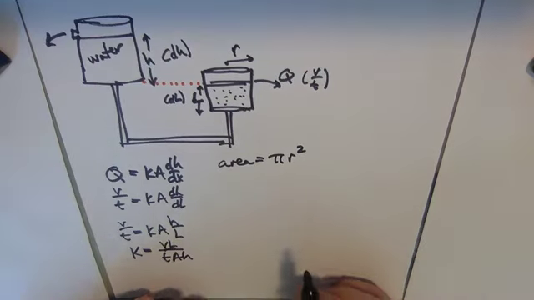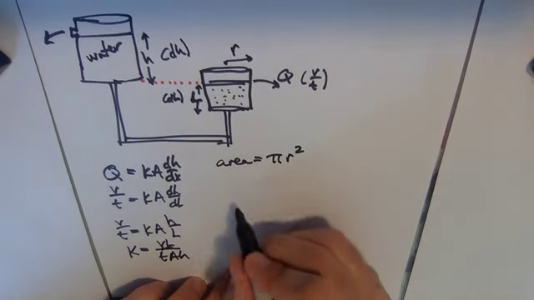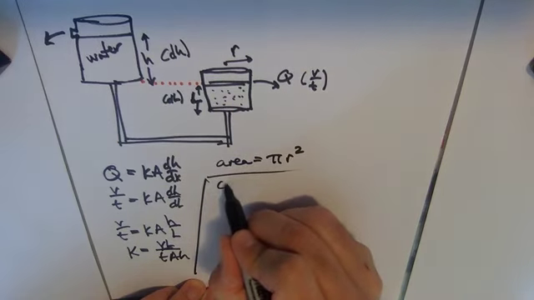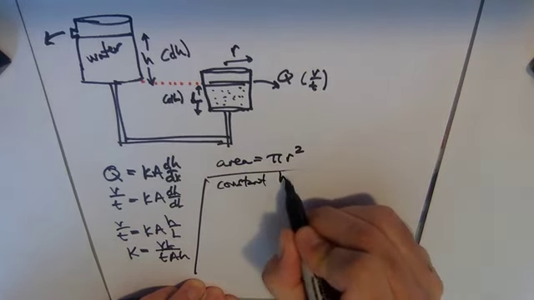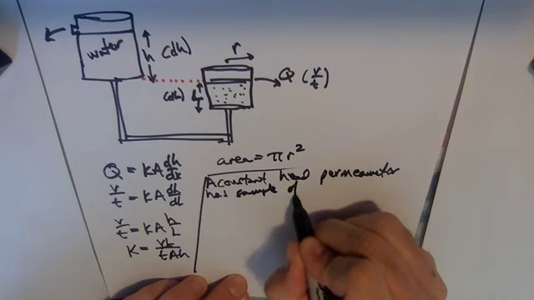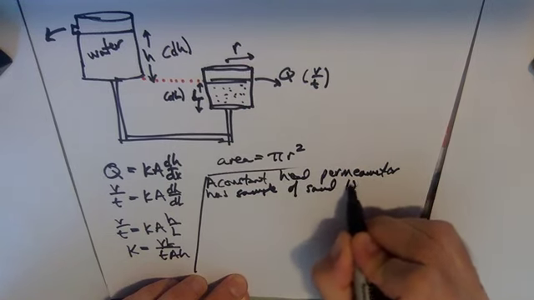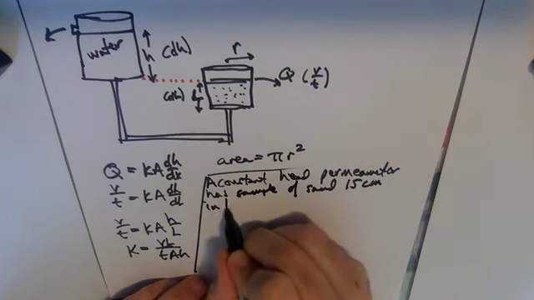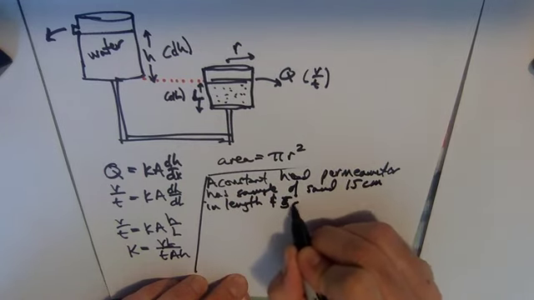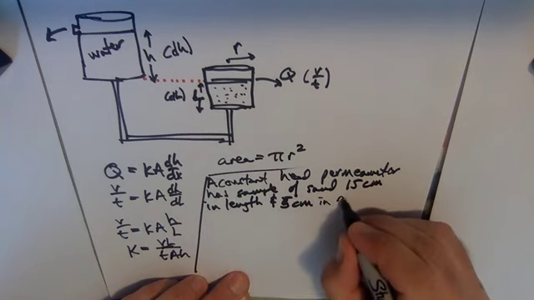So here's an example. A constant head permeameter has a sample of sand 15 centimeters in length and 5 centimeters in radius.